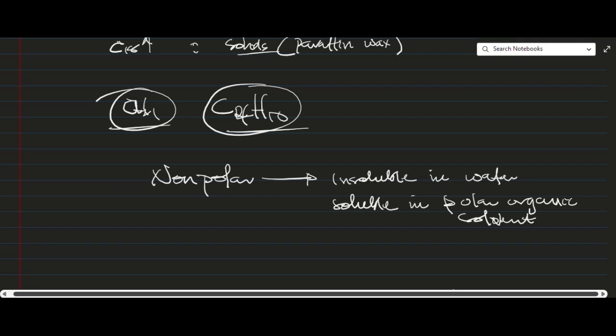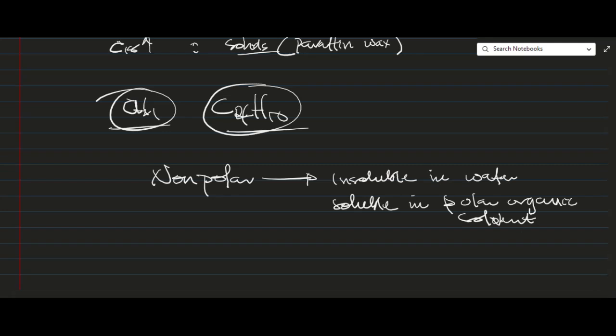Or I can use paraffin as an example. Paraffin wax can dissolve in benzene. You can mix it with something like that, because both of them are organic, so they can dissolve each other. There's a rule we call like dissolves like. So they're soluble in organic solvents, but insoluble in water.